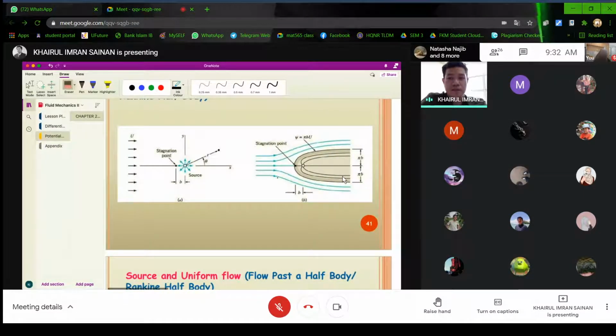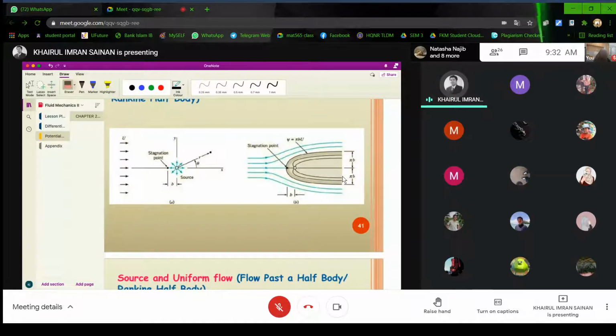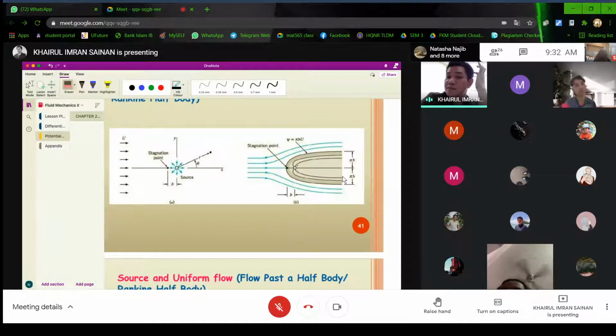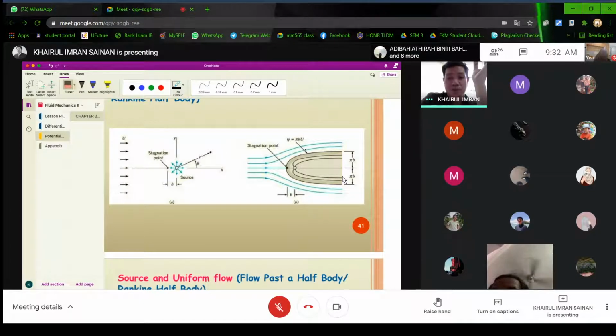So later, perhaps you want to determine what the psi is at this distance. Okay. So by using the equation, put all the R and sine theta and all, you're gonna get the psi on this one. This one perhaps is gonna be zero, psi at the stagnation point zero.